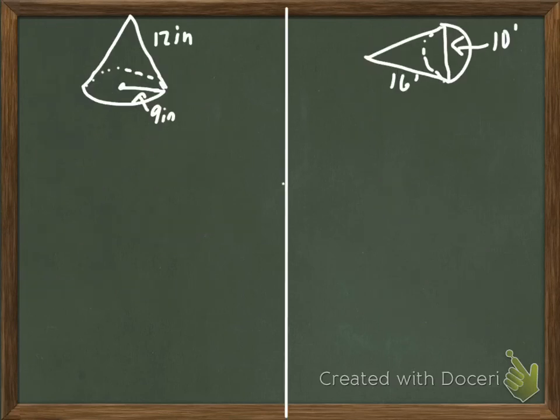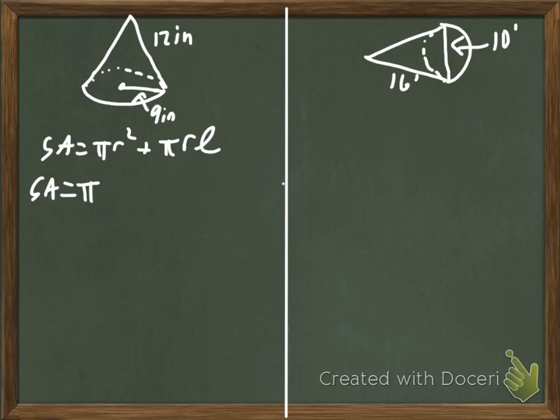So, I'm going to do the problem on the left, leave you to do the problem on the right, and then we'll be done with this video. So, here on the left, we have our formula, surface area equals pi r squared plus pi times radius times slant height. So, let's just plug in some numbers. So we get pi times the radius squared, so 9 squared, plus pi times 9 times the slant height, which is 12.